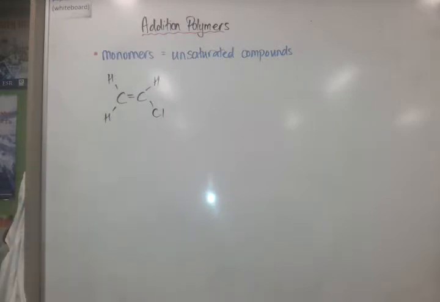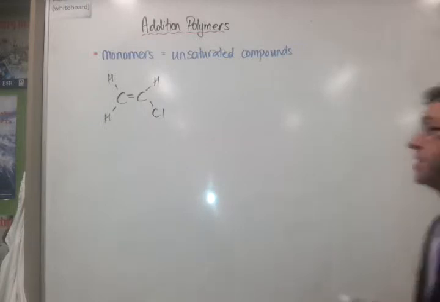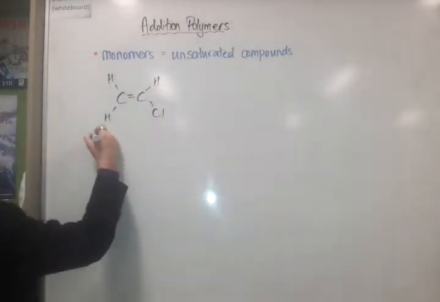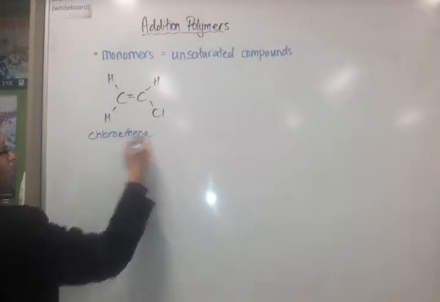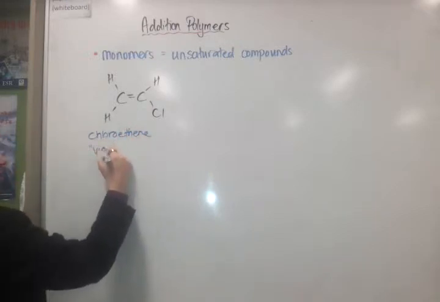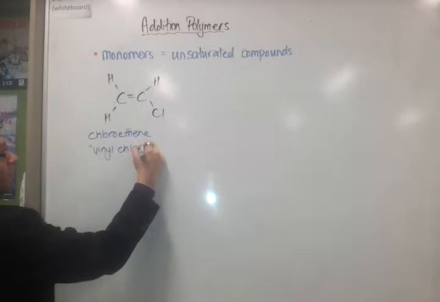So it's what we call chloroethane. The other name that it's often given is vinyl chloride. So you might be able to guess what the polymer is called from that.